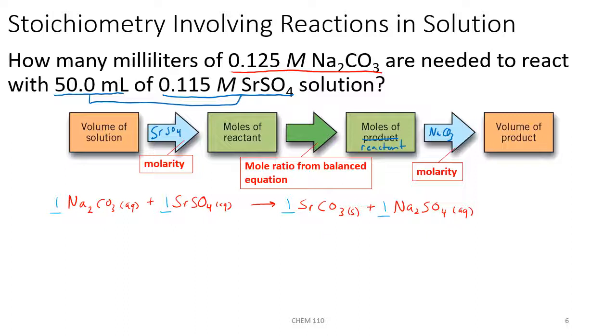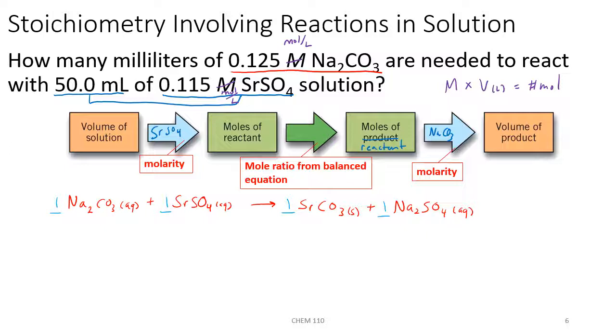So we are going to have to use our molarity times our volume in liters to get at our number of moles. If you recall, everywhere you see a large M for molarity, you can cross that off and write moles per liter, because that's what molarity really is. It's how many moles of solute there are per liter of solution.